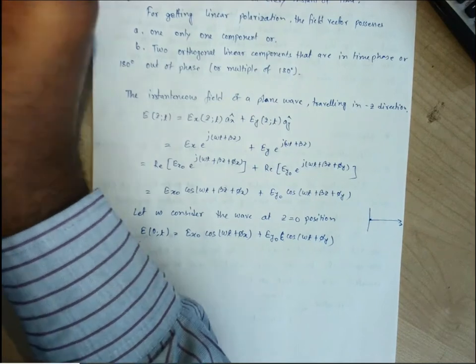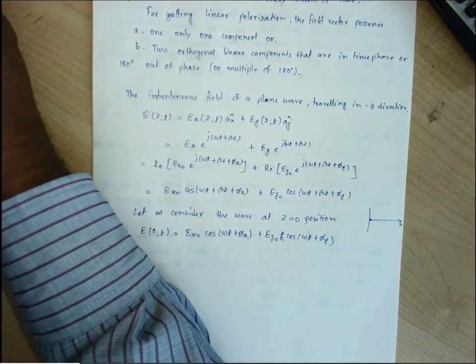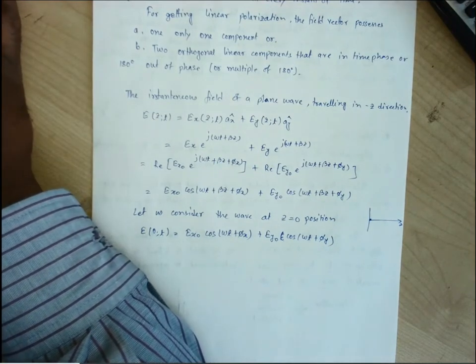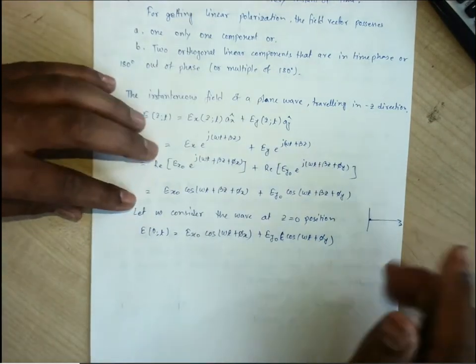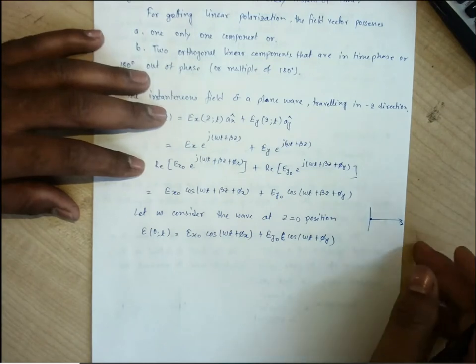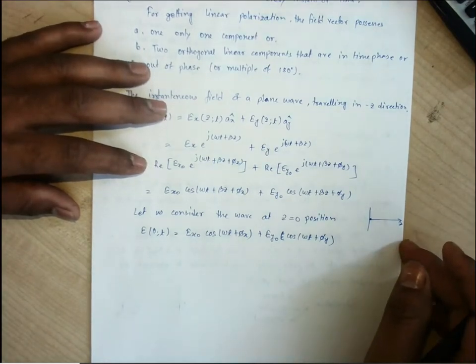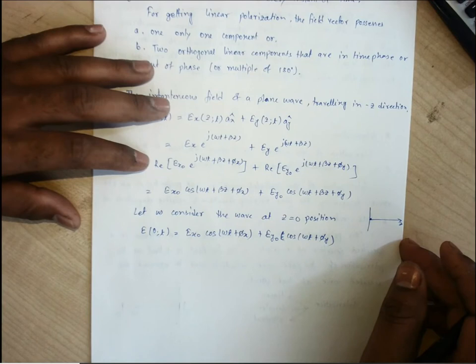Now according to our conditions for the linear polarization, there should be a time difference between the two components. Either there will be one component or there will be a time difference between the two components which is 180 degree.